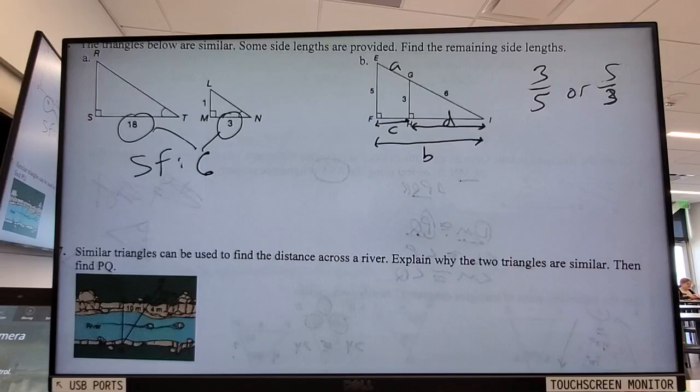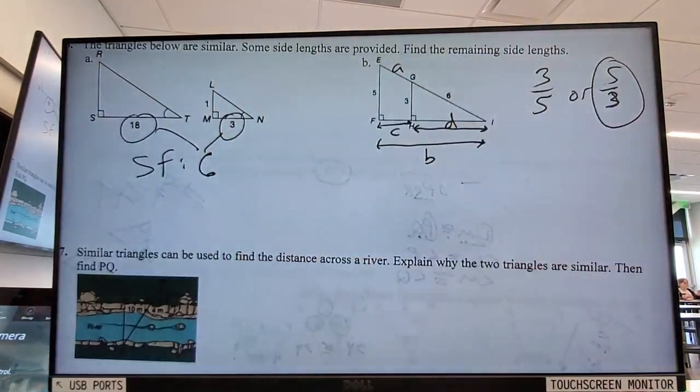If I'm going from the small triangle to the big, do you all agree with me that you would apply this? From the small to the big, I'm going to multiply by 1 and something, so it gets a little bigger. What side in the big triangle is similar to GI?